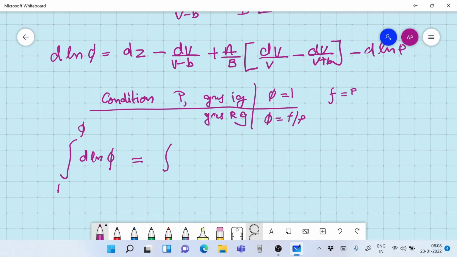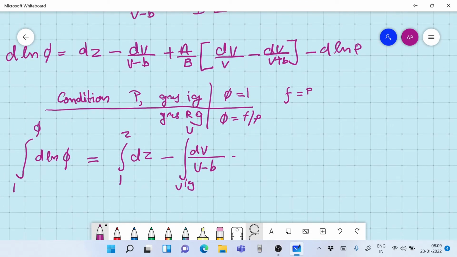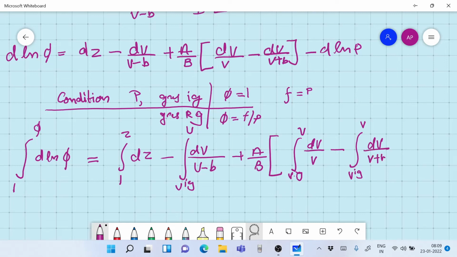This is going to be equal to integral dZ from a condition of ideal gas, so for an ideal gas Z is 1, for a real gas Z is equal to Z, minus integral dV over (V minus B), from V ideal gas to V, the real gas volume, plus A by B integral from V ideal gas to V dV over V minus integral from V ideal gas to V dV over (V plus B).